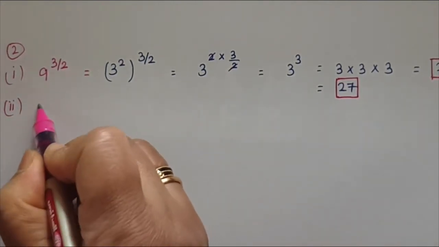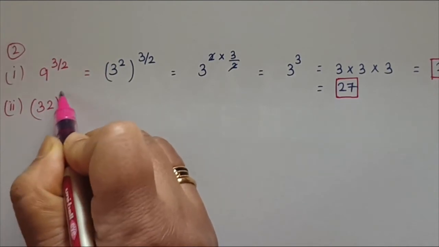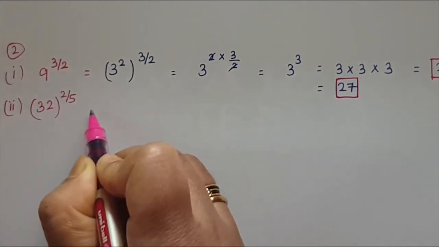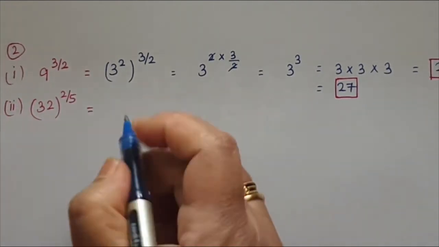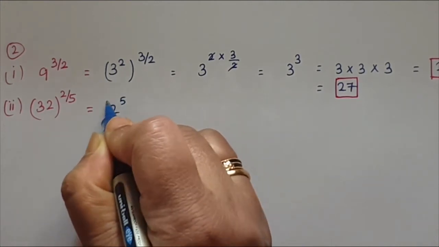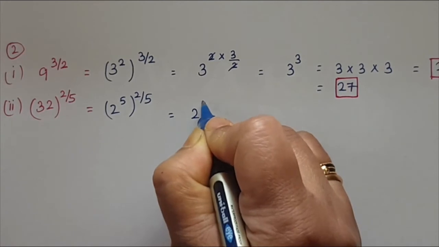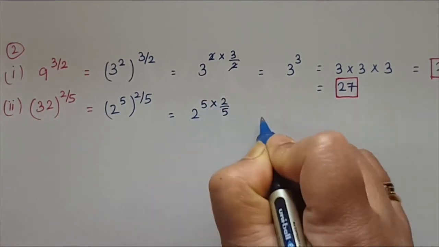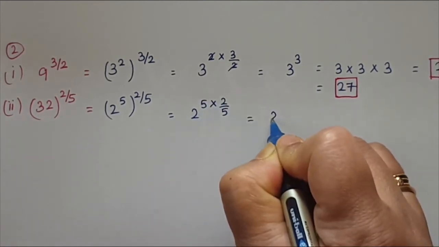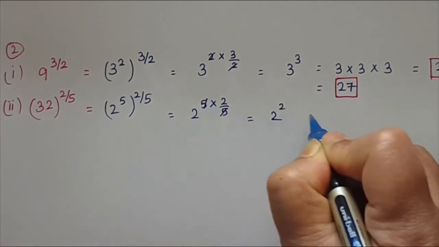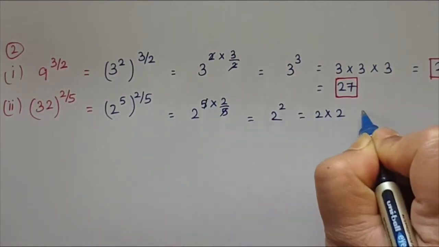Next, second part, 32 the power 2 by 5 can be written as 2 to the power of 5 power 2 by 5, which is equal to 2 to the power of 5 into 2 by 5, 5 get cancelled, 2 square, 2 into 2 equal to 4.